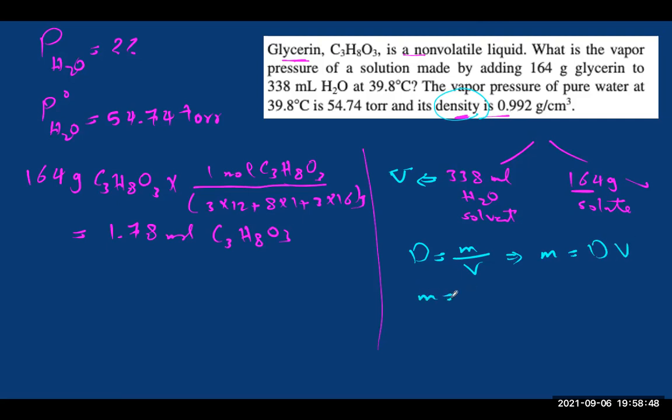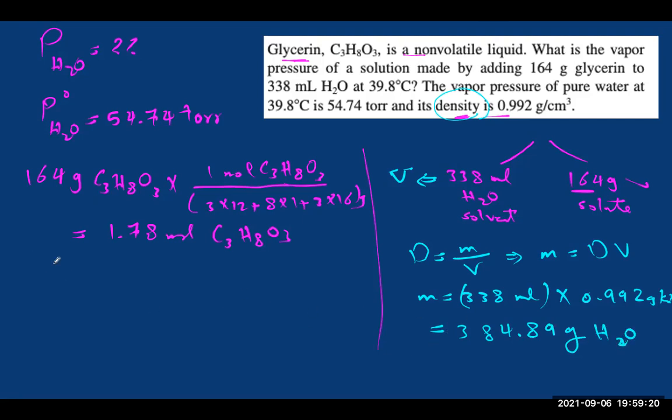So mass will be equal to 338 milliliters times the density, which is 0.992 gram per cubic centimeter. So it will be 335.29 grams of H2O.